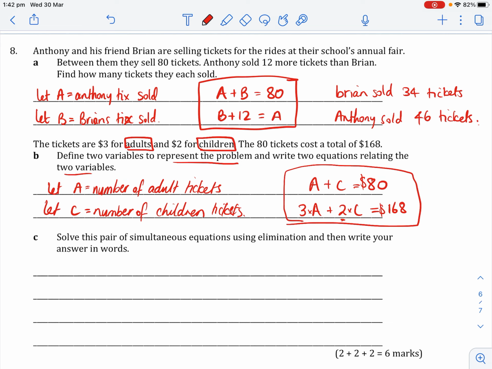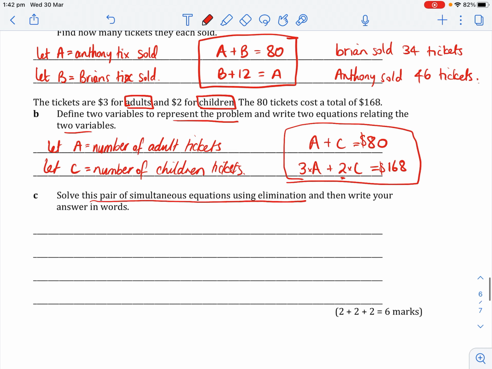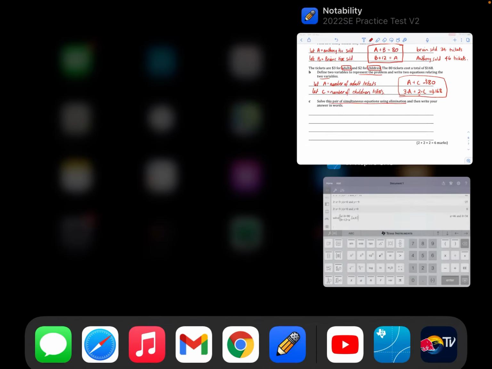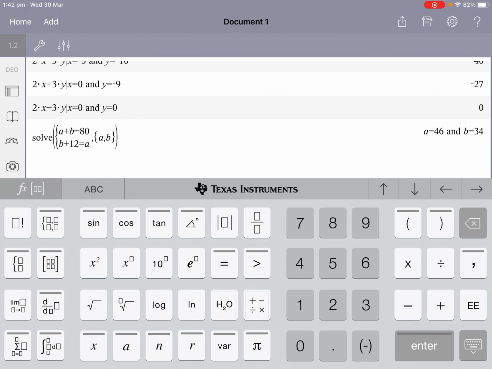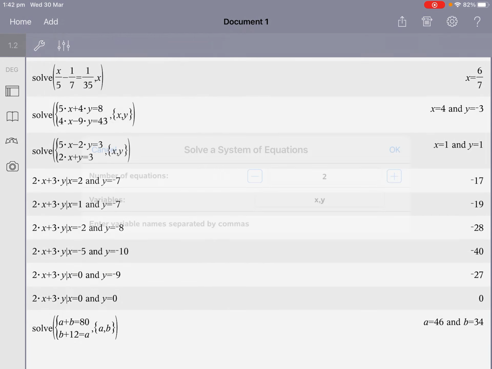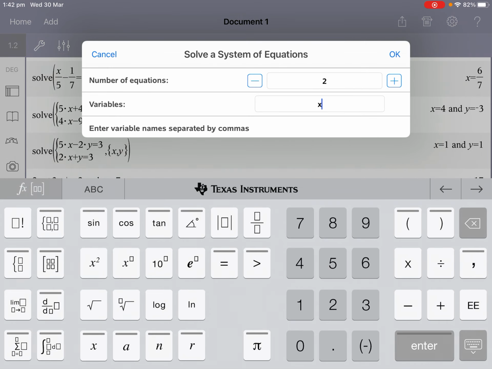for part B. Part C says solve this pair of simultaneous equations using elimination and then write your answer in words. So here, I can go to the calculator to do this. Menu, system of equations.